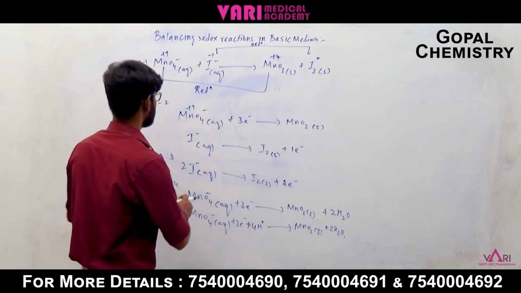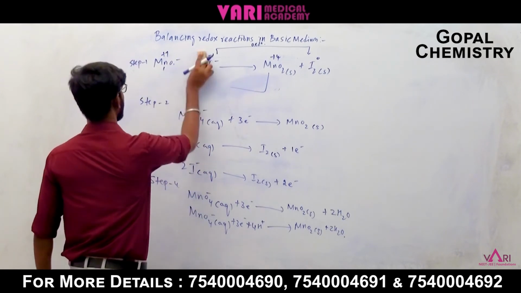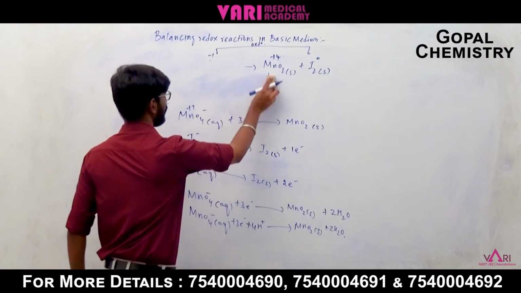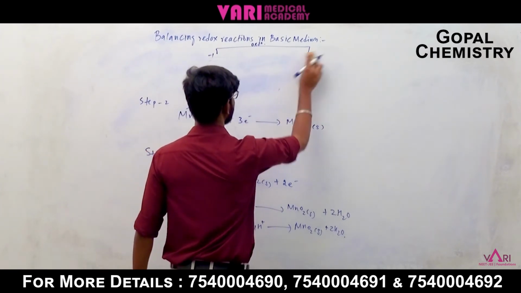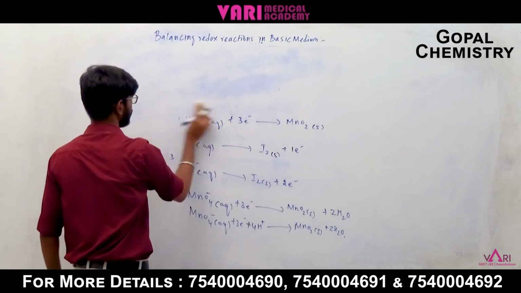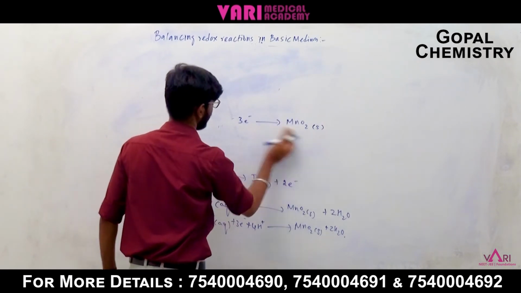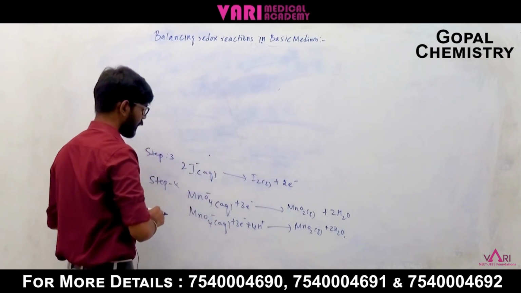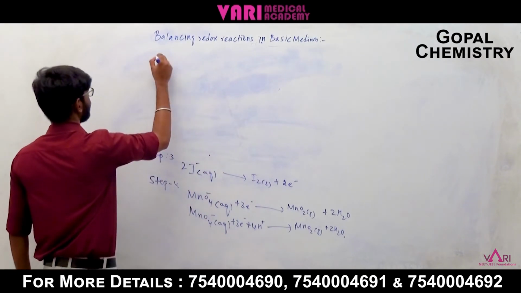Next, students, we have to add OH minus ions on both sides. The same amount of OH minus ions as H plus ions are added on both sides. So we get step 5.